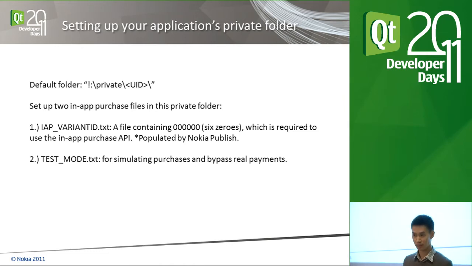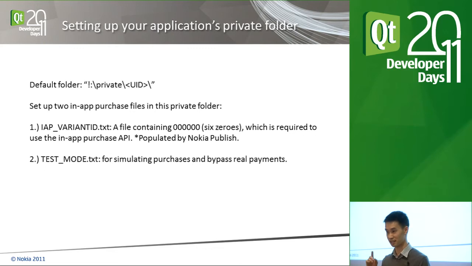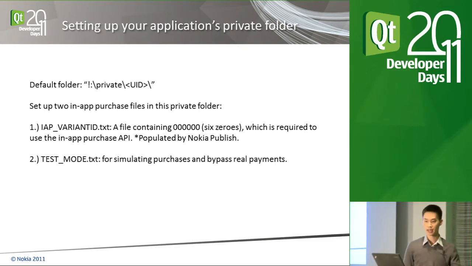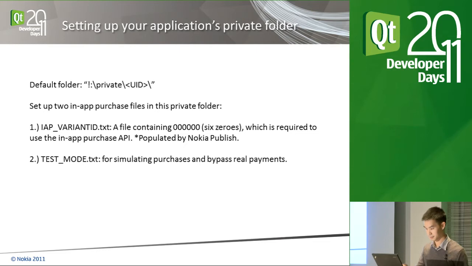The second mode being test server mode, which actually connects you to an external server. However, it's not the live production environment, so it's going to take you to a separate billing server. And there you can test purchase, you can test restoration, and also the fail use cases. So this file will be taken out of your application before it gets deployed to the store.